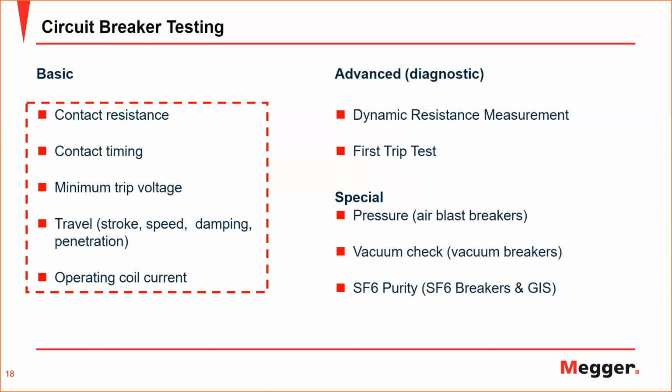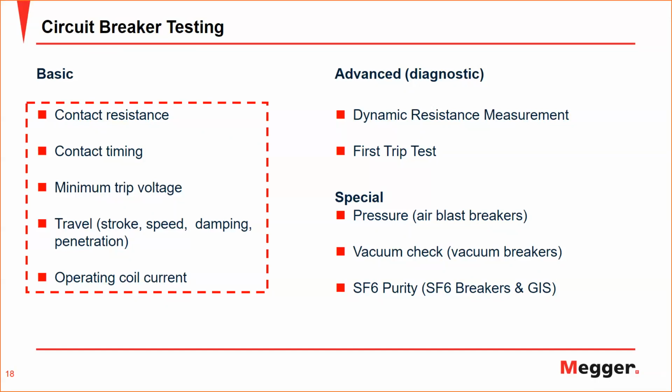Check what is the minimum voltage required, for example, for our DC system, the battery system, to operate the control circuitry and release the mechanism. Then we have the motion test or travel test. Basically, it's a test done on the mechanism, checking the mechanical part, how much movement, what speed, what each part of this movement is.